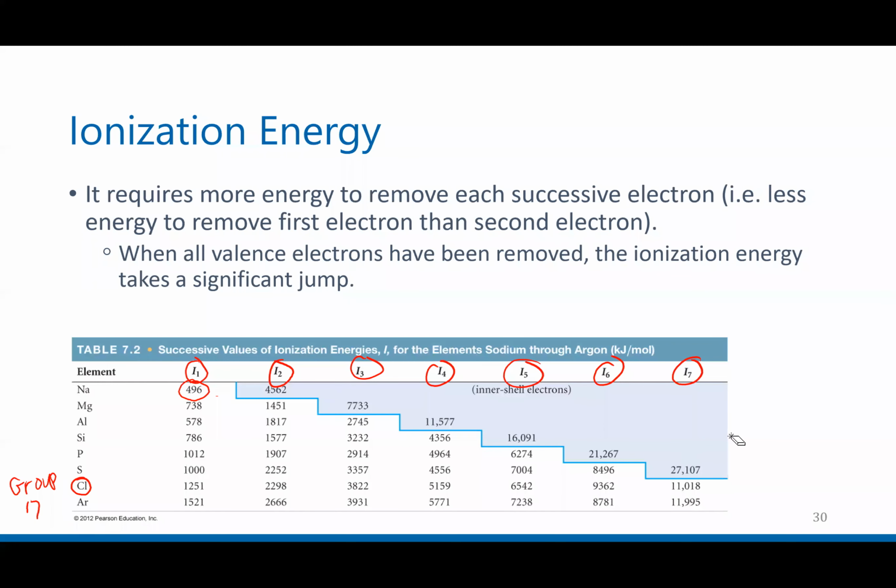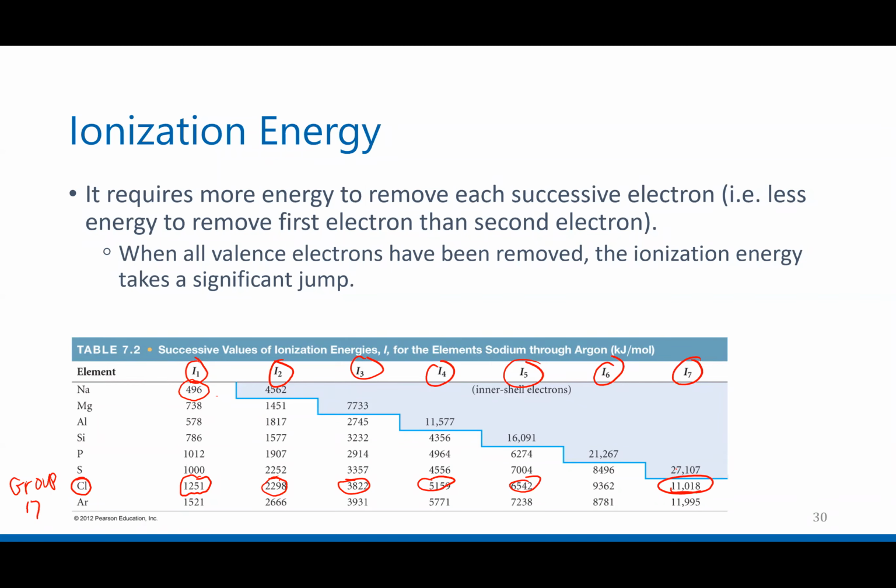Which is why you can see it has all of these ionization energies for it. But look at the numbers. The first electron, 1200. The second, 2200. 3800, 51, 6500, then 11,000 at the end.